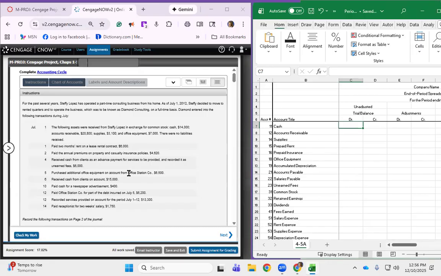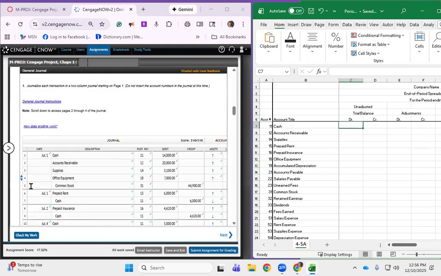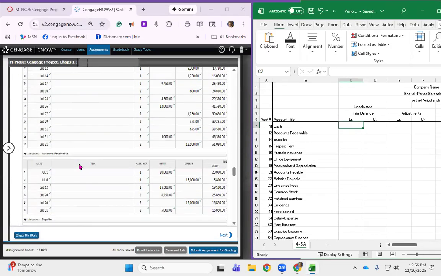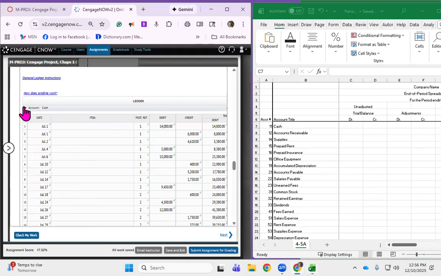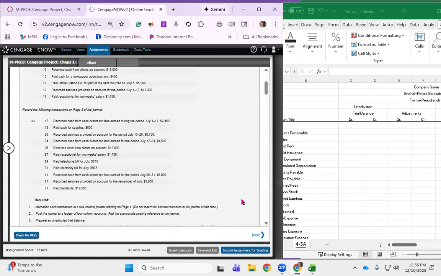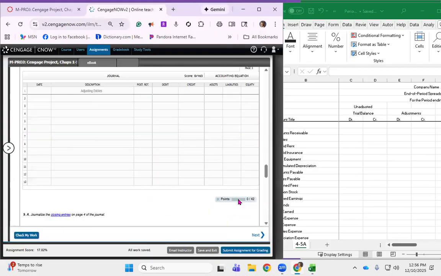All right, so the first one we want is, let's open up all of our ledgers. Okay, let's open up our ledgers to where we can see all of the ledgers and their balances. Because I don't think we can see the balances when they're closed. I wish it would show it.